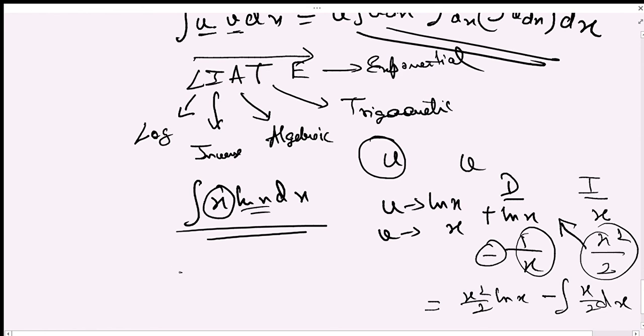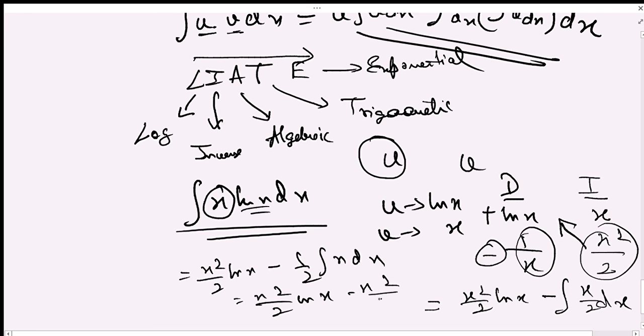So this is x square over 2 ln x minus 1 over 2 integration of x dx, which is x square over 2 ln x minus x square over 4 plus c. I guess this portion is pretty clear.